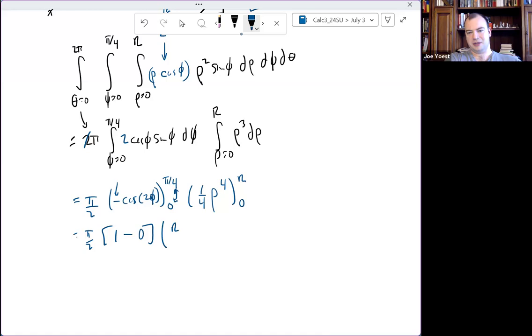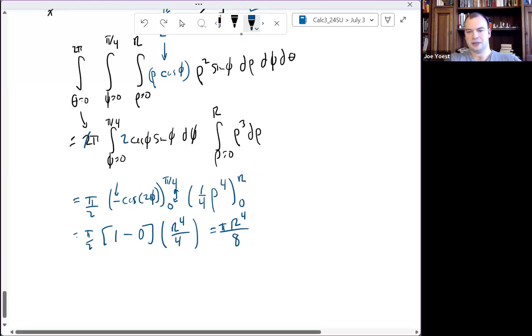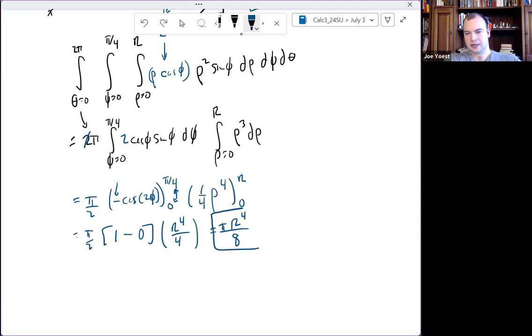And then this gives me big R to the 4th over 4, and then minus 0. So when all is said and done, I get pi times big R to the 4th over 8 as my integral, integrating z over this region.